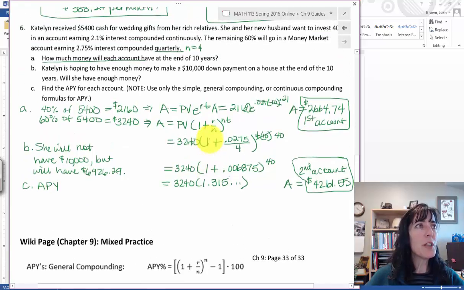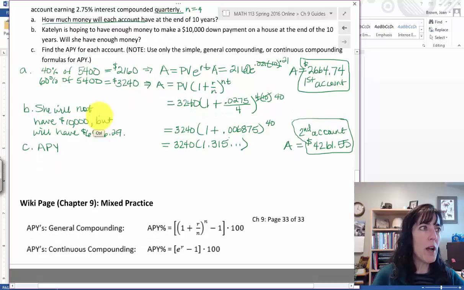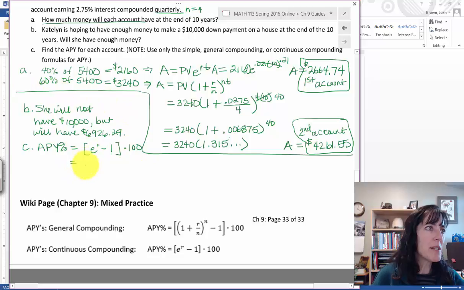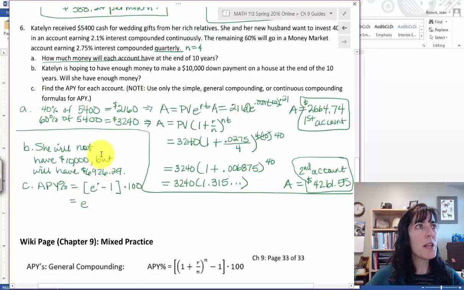And since we started talking about the continuous compounding account, I'm going to start off with that one for the APY. So that one will be APY percent equals e to the r minus 1 times 100. Easy enough. And so my next line is going to be e to the r for that account. I have to scroll up just a hair, it was 2.1%.